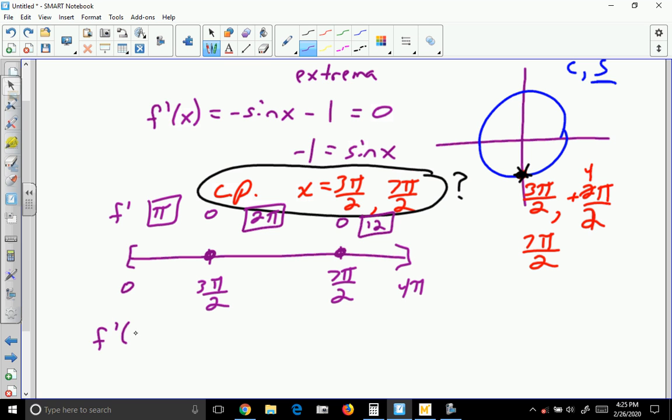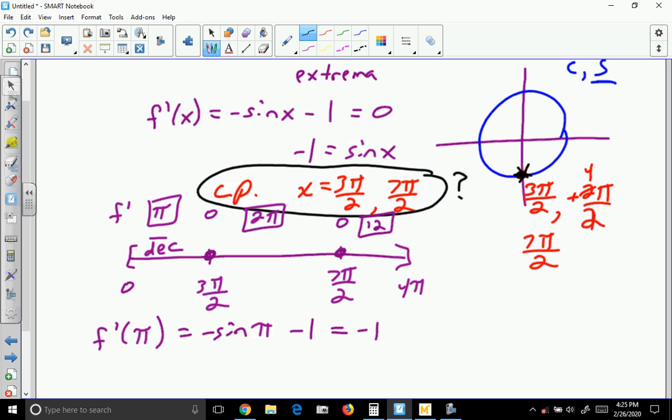So if we substitute pi into our first derivative, sine of pi is 0. So we get a negative. If our first derivative is negative, that tells us we're decreasing. Remember, the first derivative is slope. So the slope at pi is negative, so we're decreasing.